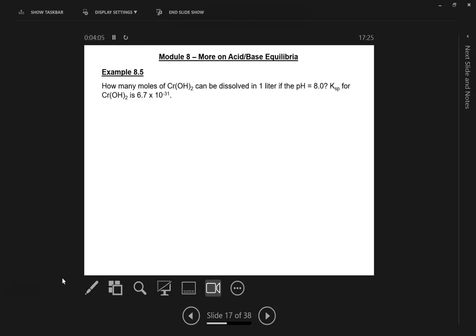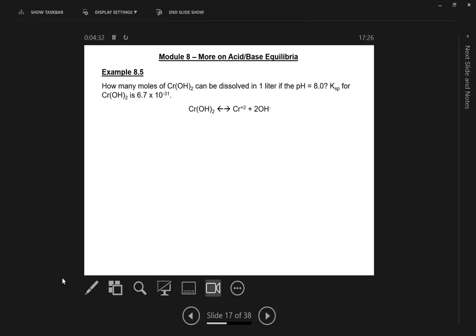The next one's 8.5. How many moles of chromium hydroxide, chromium(II) hydroxide, can be dissolved in 1 liter if the pH is 8? Ksp for this material is 6.7 times 10 to the minus 31. Now we know pH, we're going to have to take it into account because OH- is going to be a factor in this solubility problem.